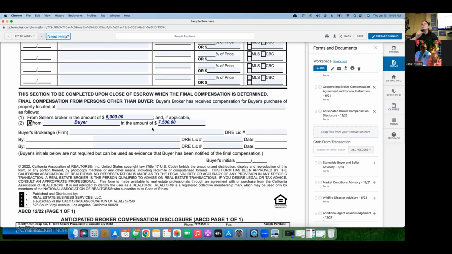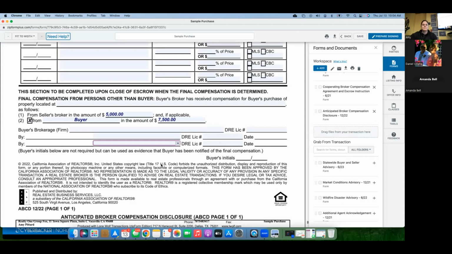So anytime it's between you and a client, not the buyer and seller, it would be on that modification of terms form. Yeah, you and the buyer, or you and the seller. You and your client. So to modify the BRBC, it would be done on a modification of terms form.